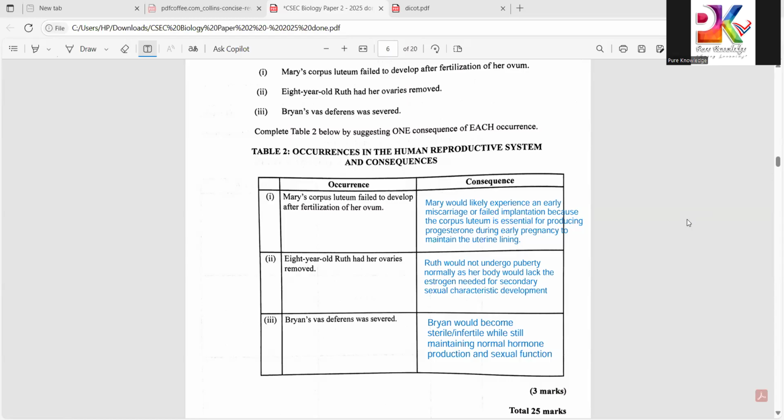So without that, Brian would be sterile. But he will still maintain normal hormone production and sexual function. But no sperm to be transferred means no children.